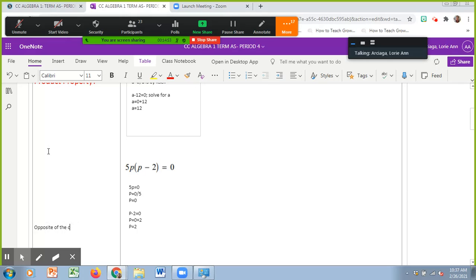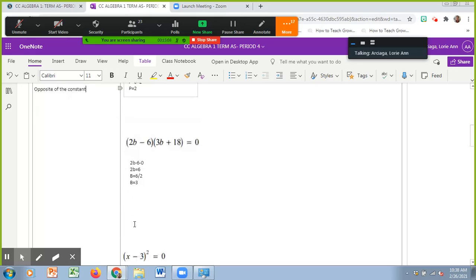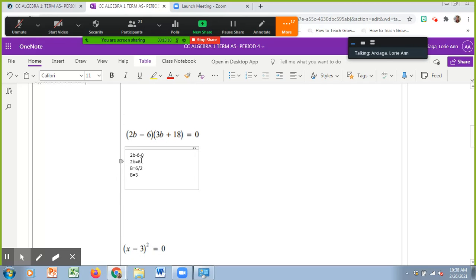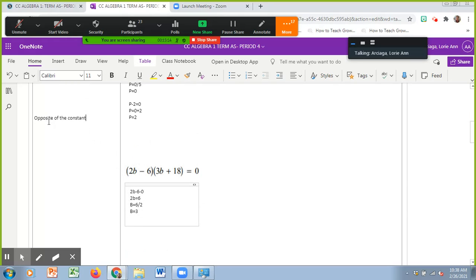And the constant is the number that is by itself. But what do we always do with the number in front? Like, for example, here we divided 0 by the number in front, which is 5. Here we divided 6 by the number that comes with b. So if there's a number in front, what do we always do? We always, meaning if there's a coefficient, that's the divide.